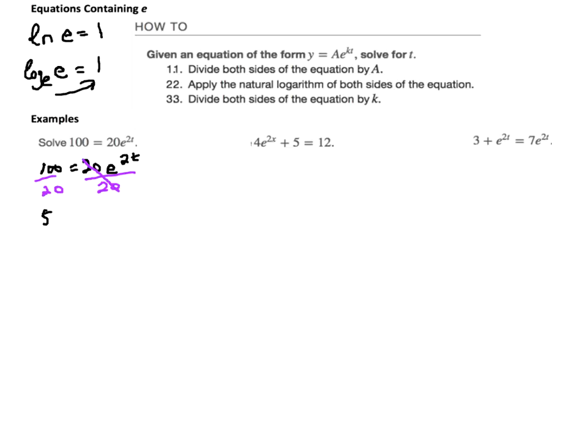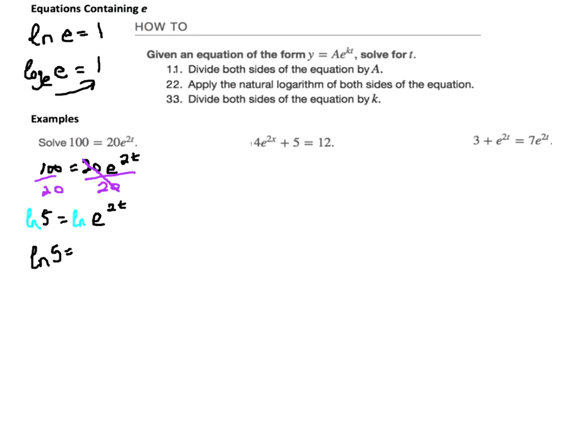And 100 divided by 20 is 5, and that's equal to e to the 2t power. So I need to get that variable out of the exponent, and to do so, I'm going to take this time the ln of both sides. Now you can take the log of both sides here, but whenever you're dealing in base e, it's very nice to take the ln, and I'll show you why right here.